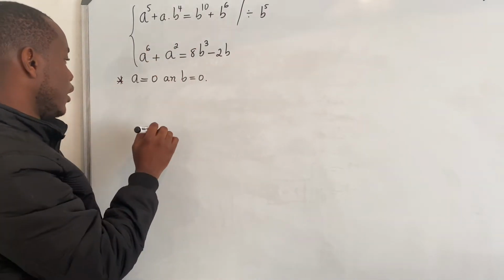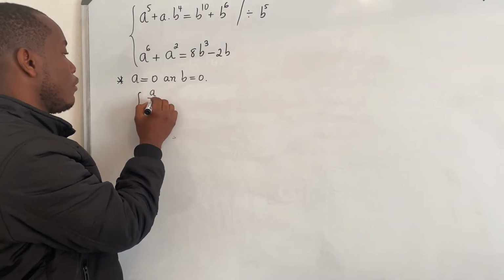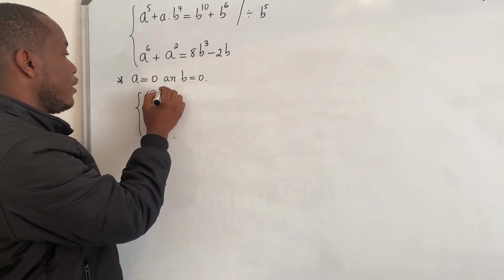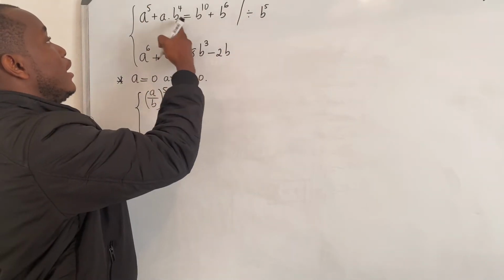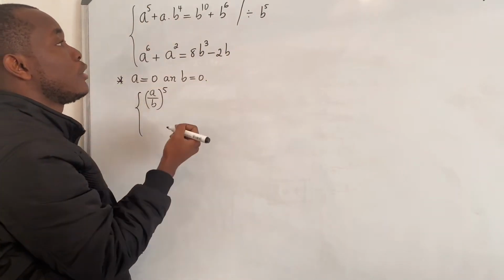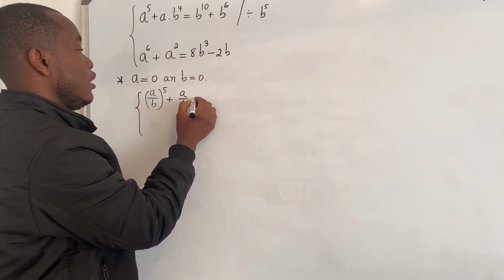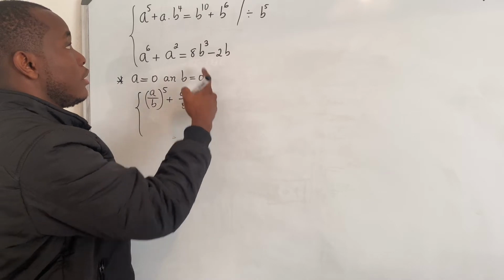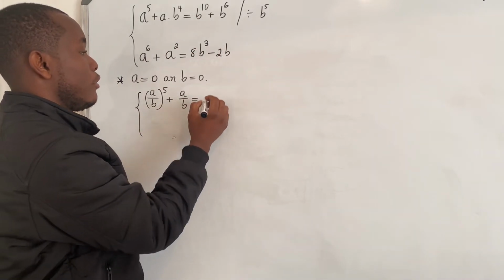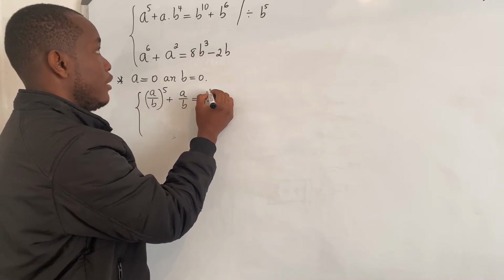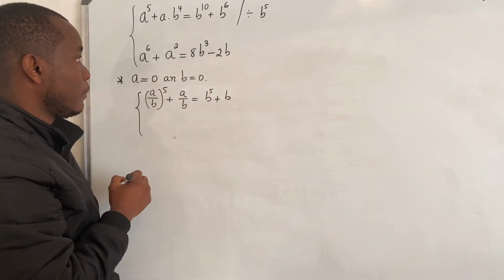Dividing that, I will have a over b all to the power 5, because they have the same exponent. Here, this b to the power 4 will cancel. We will have a over b equal, dividing the same base, the exponents subtract, so we have b to the power 5 plus b to the power 6 over b, which is b.